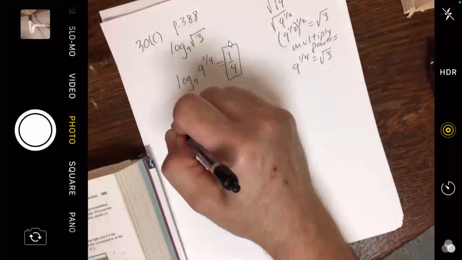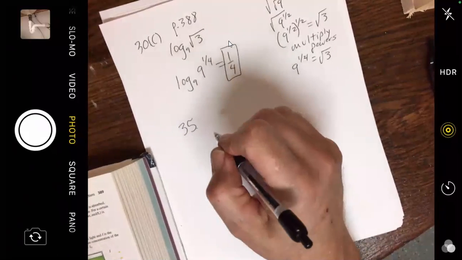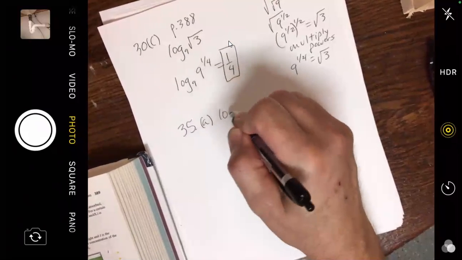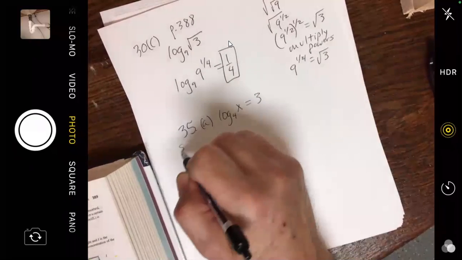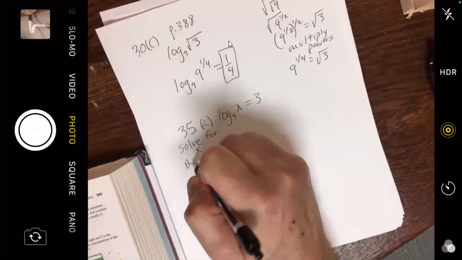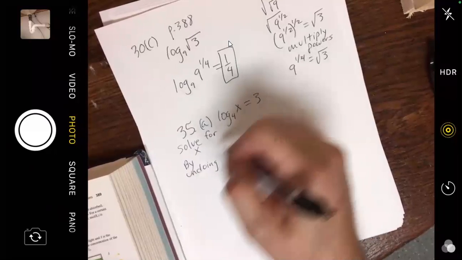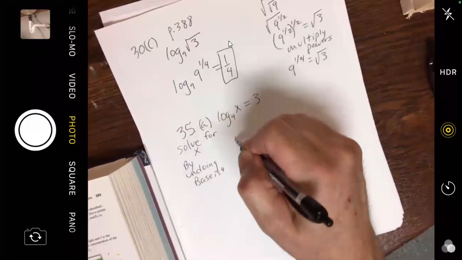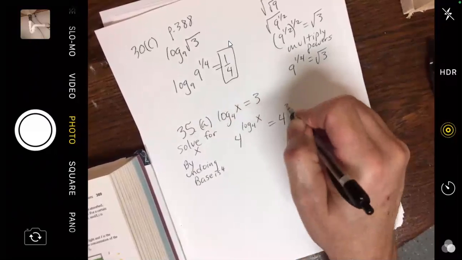All right, let's try 35. Part A, log base 4 of x is equal to 3. We want to solve for x by undoing. The base is 4, so you have 4 to the log base 4 of x is equal to 4 to the third.